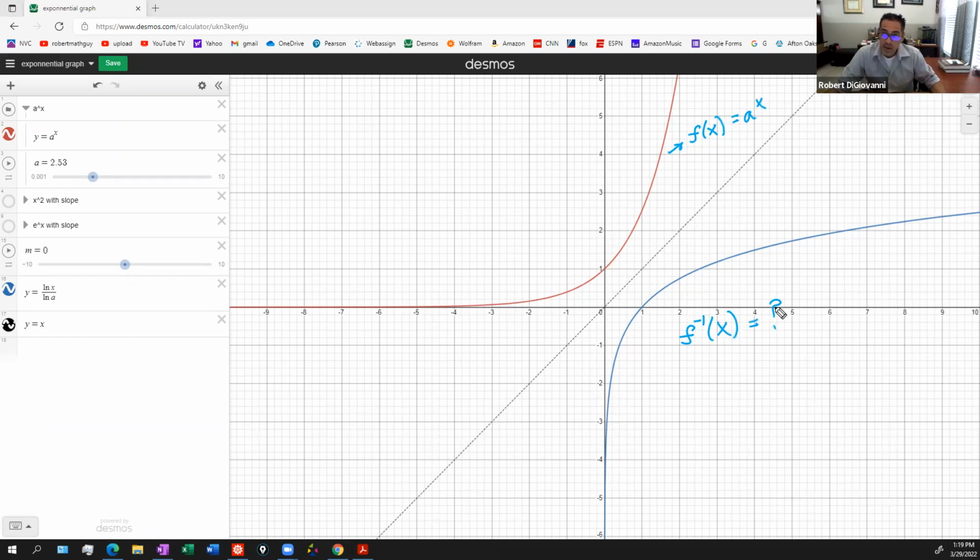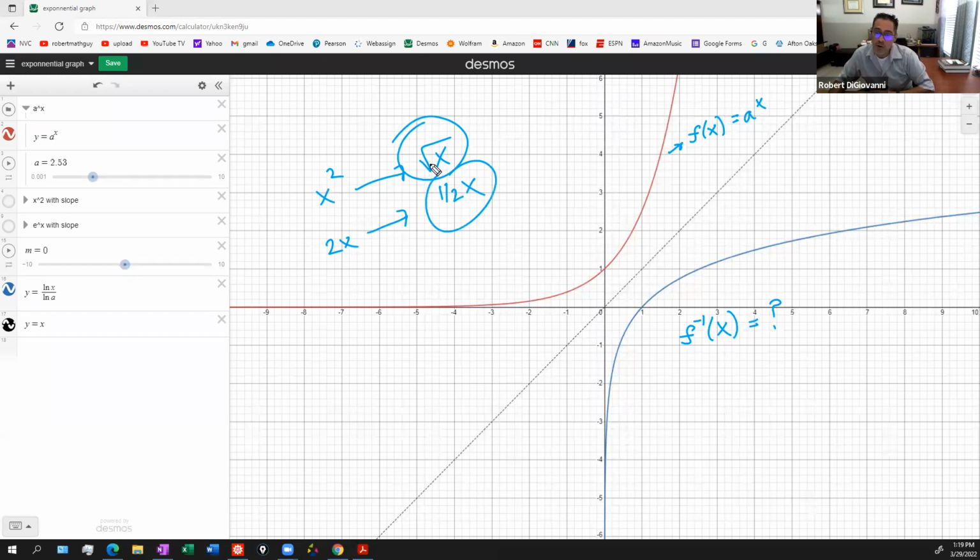Well, that's what a logarithmic function is. A logarithmic function is an inverse function for an exponential function. It is the function that undoes an exponential function. So we have a very special notation for it. It's not as simple as when we had x squared, the inverse of that was the square root of x. When we had 2x, the inverse of that was 1/2 x. This is all very algebraic.